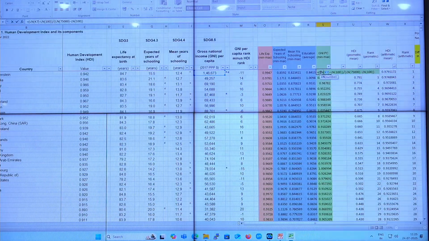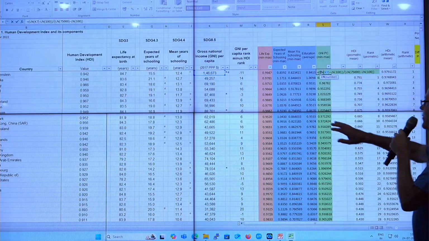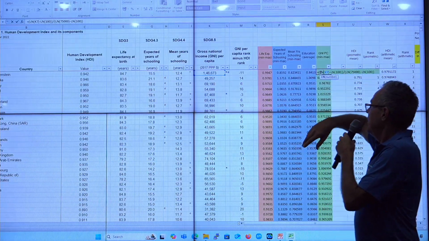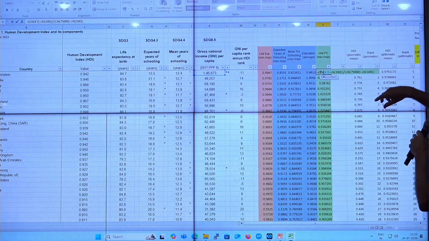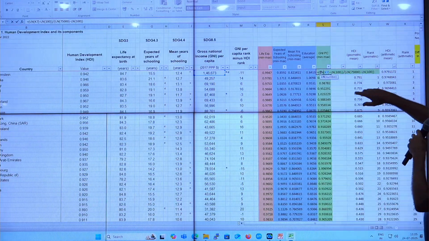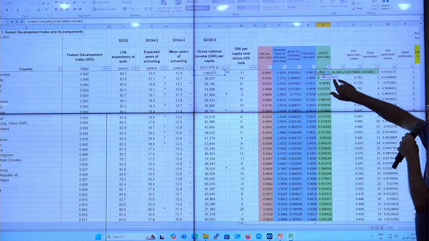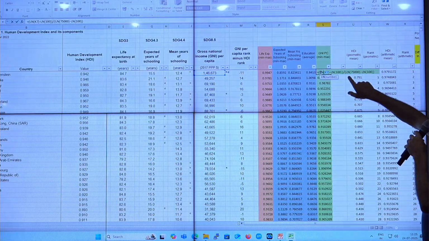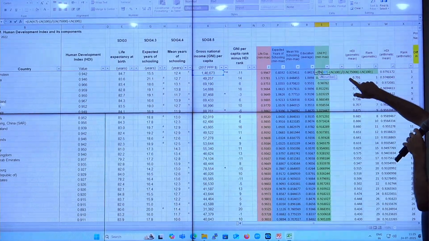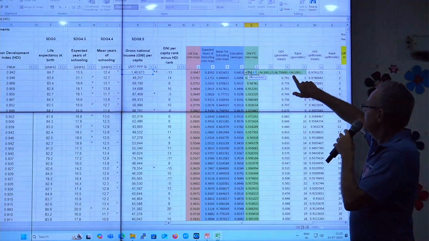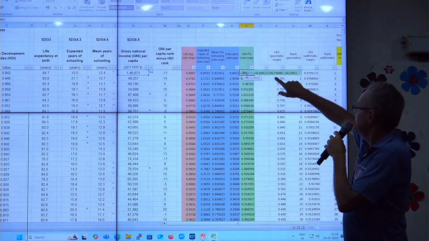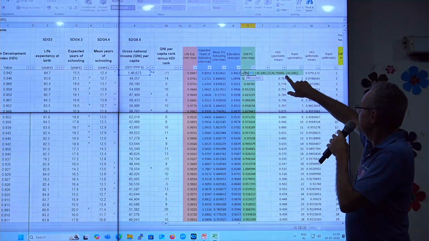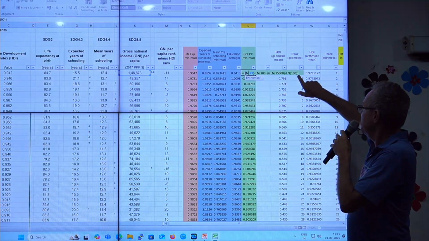So you have the raw value here for Liechtenstein of 146,000 GNI per capita. They took the log of that value minus the log of 100, and then they took the log of the highest value minus the log of 100.